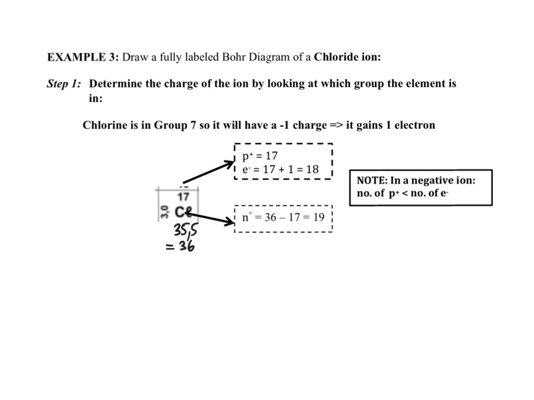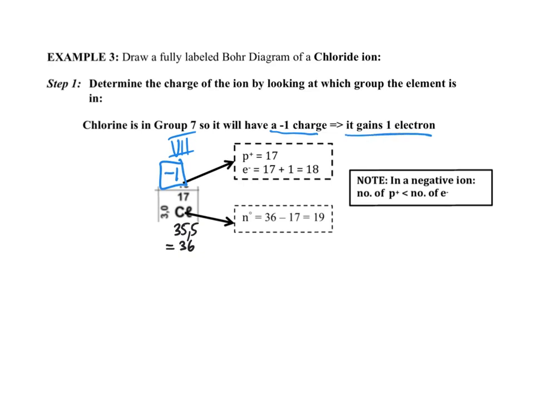So if we look at step 1 here, determine the charge of the ion by looking at which group the element is in. It's in group 7, so it's going to have a -1 charge. That means it has gained 1 electron.